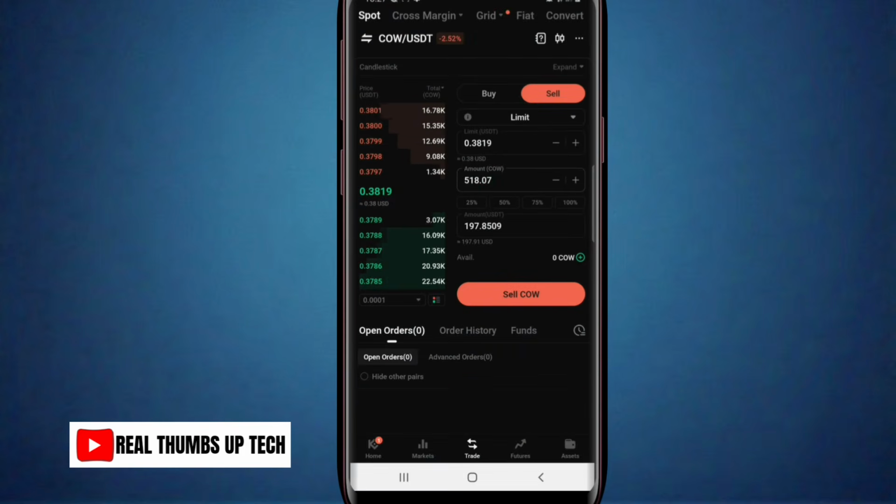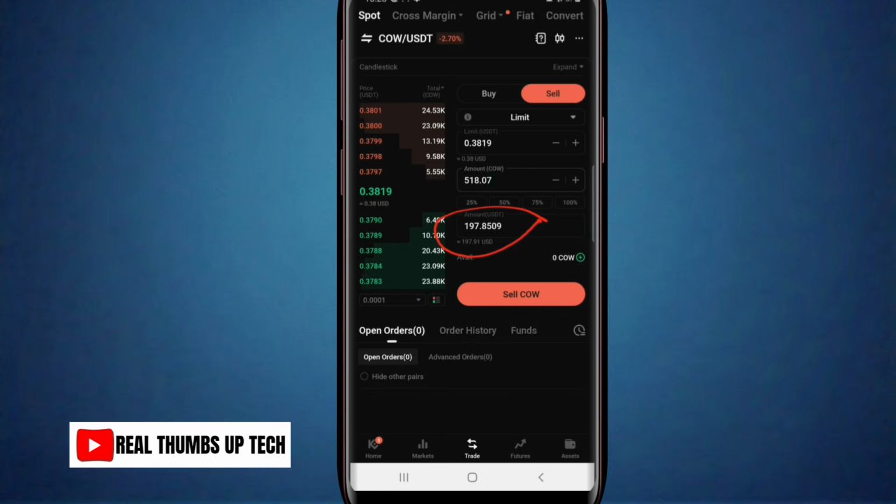And you see I will be receiving around 197.8505. So this is actually a loss. We've lost around 2 point something dollars. That is because they are using the Ethereum network. But if you have higher resources, you can make more profit with this.